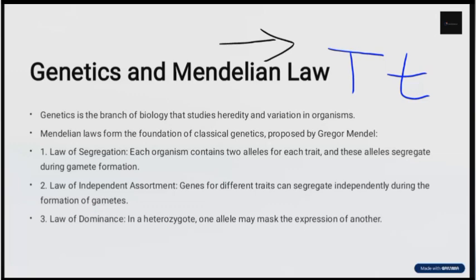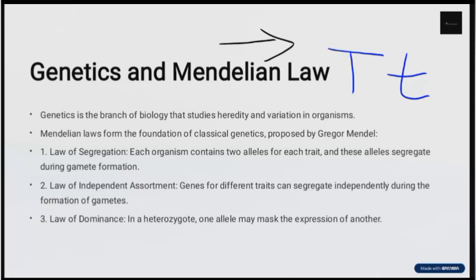He wanted to monitor how traits are being transferred from the parents to the offspring. Now, after conducting many experiments, he found a pattern. All the things that were happening were following patterns. So from all these patterns, he now derived three laws. So we'll be looking at these laws one by one now. Number one, the law of segregation.